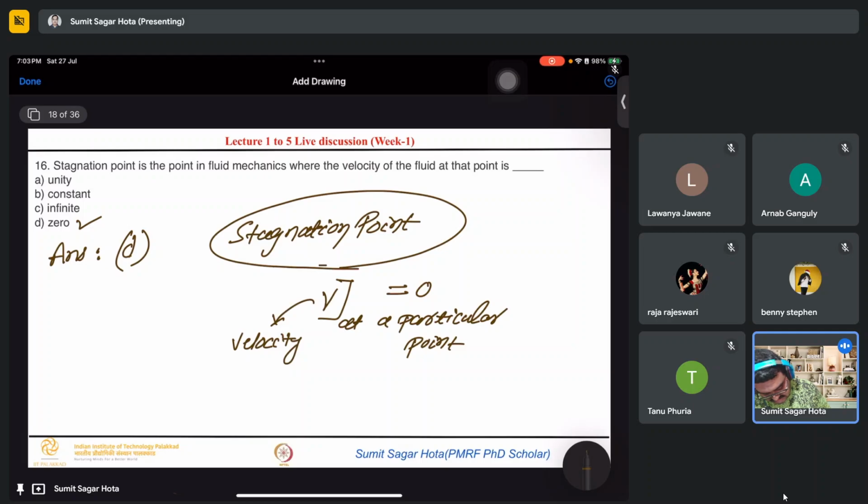So what is an example of stagnation points? If you see the fluid surface, we are actually assuming it as a stagnant point or stagnation point at that surface. Although in practice, you always know that it's not stagnant, movement is obviously there.